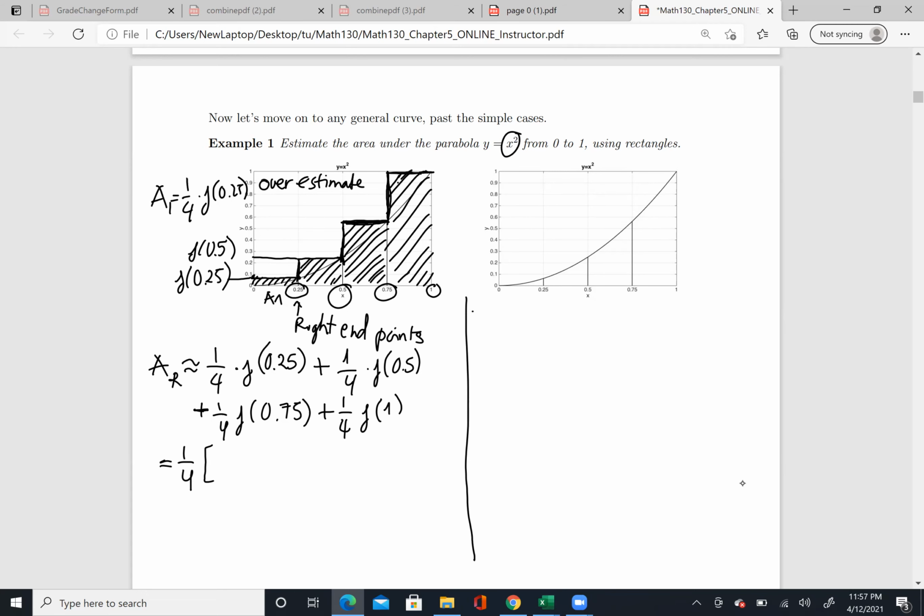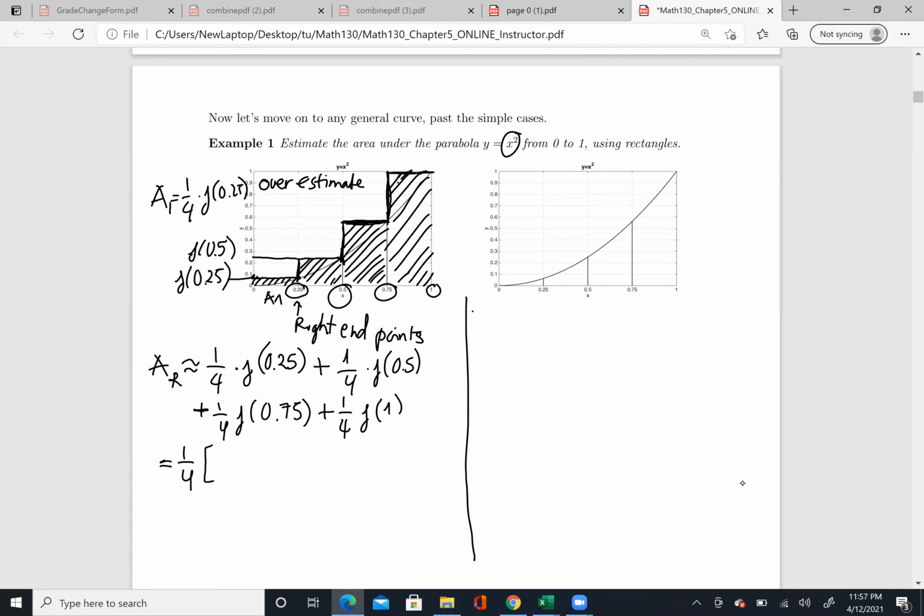We want the right endpoint. How many intervals do I have? 1, 2, 3, 4, 4 intervals, right?